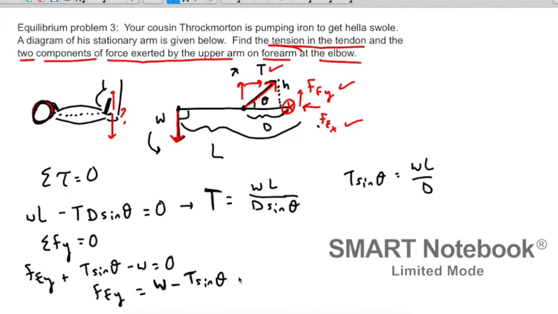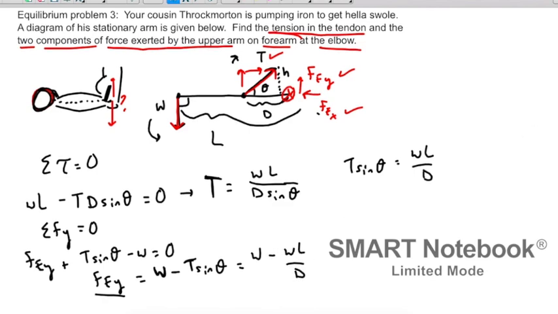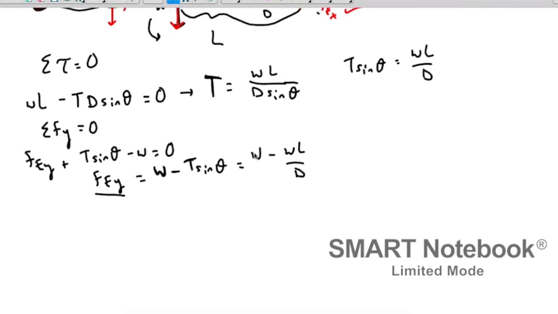So we can say then that if T sine theta is WL over D, then this force is equal to W, the weight of the weight, minus WL over D. And now we can see that this gives us a negative answer.